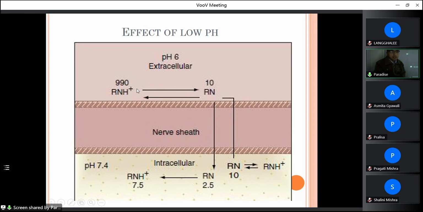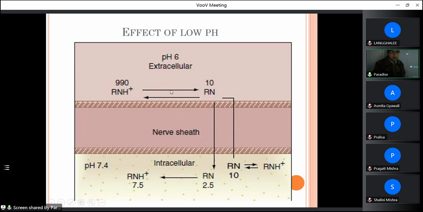So when RNH+ dissociates into RN and H+ ion, as the concentration of product H+ ion is more, the reverse reaction is favored, and more molecules will be present in undissociated form. It will be present in the form of RNH+ ion, because the concentration of H+ ion is very high in the extracellular fluid. In case of low pH, in infection, the concentration of H+ ion is very high. Due to the presence of more H+ ion, the local anesthetic molecule will not dissociate.